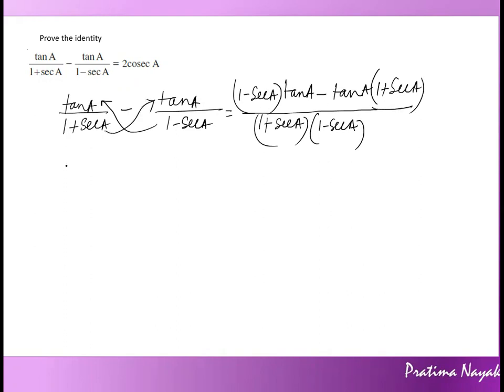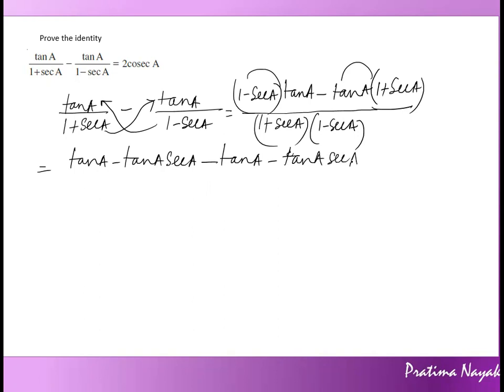This will be multiplied with this. And take care of your sign. So this will be tan A minus tan A into sec A. Do you find it is just like algebraic rational expression simplification? Yes, tan A minus tan A sec A upon, now you multiply these two, a plus b into a minus b, it is a square minus b square, 1 minus sec square A. So tan A cancels now.